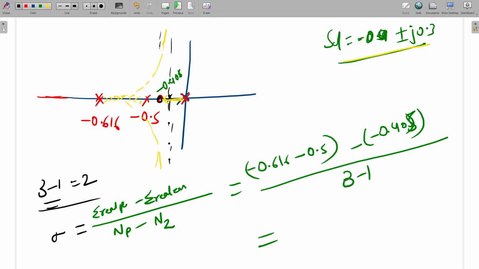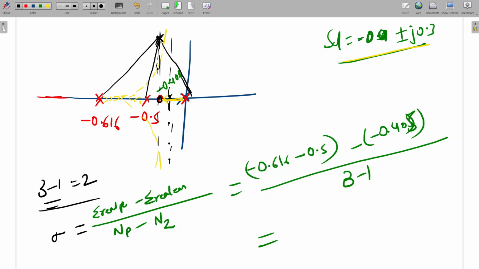So this distance, this distance, all three distances we have to calculate, and from the zero also we can calculate the distance. So one by one I'm going to calculate.